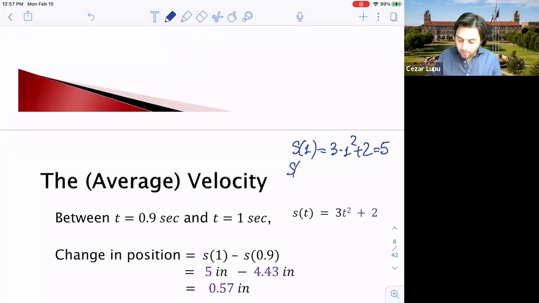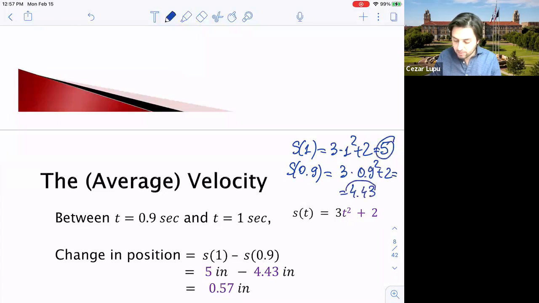And s of 0.9 is nothing else than 3 times 0.9 squared plus 2, which will give us 4.43.